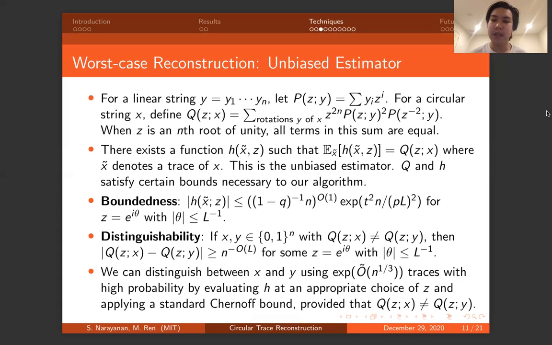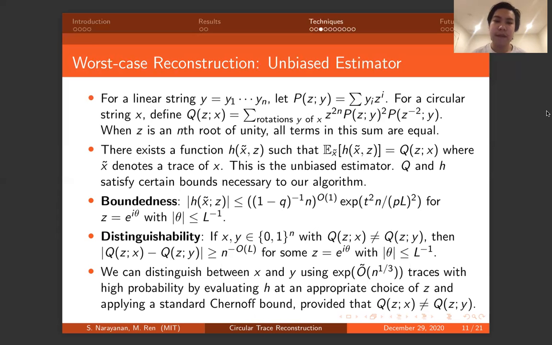And this is essentially just a Chernoff bound. Once we have enough traces, with high probability, if x is the correct string, then the average over all evaluations of h will be much closer to q of zx than q of zy.